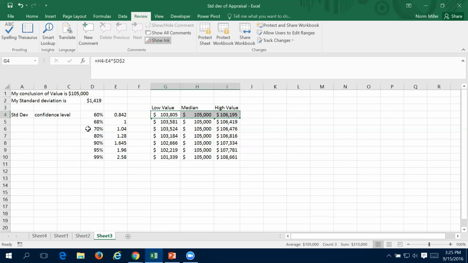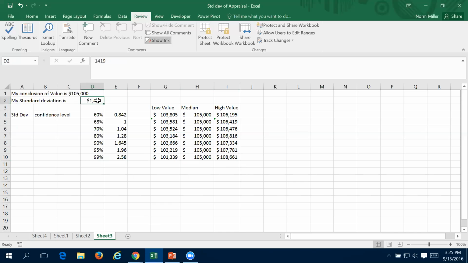If I went out one standard deviation, it would be 68% of the distribution, and the value would be 103,581 up to 106,419. Now that's a pretty tight range, and the reason is because this is a very low standard deviation. You see that we can go all the way up to 99% confident, and we're still in a pretty tight range, 101,339 up to 108,661.